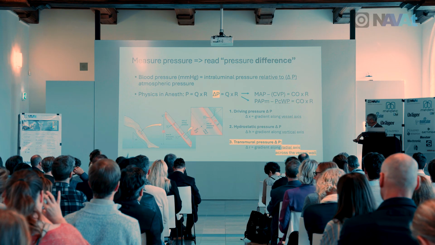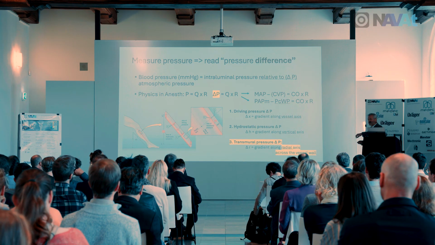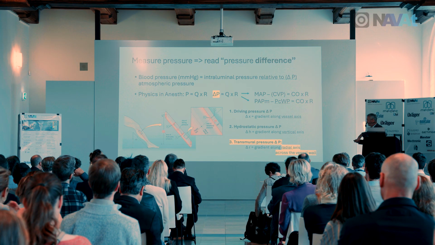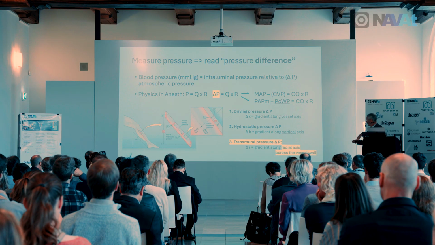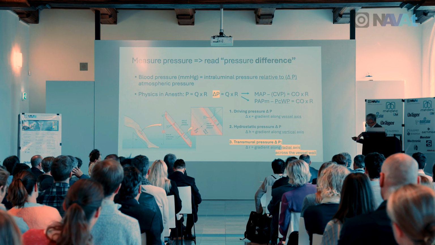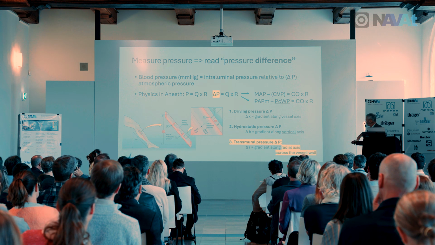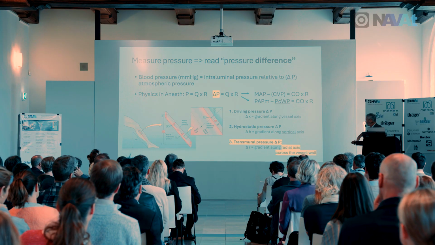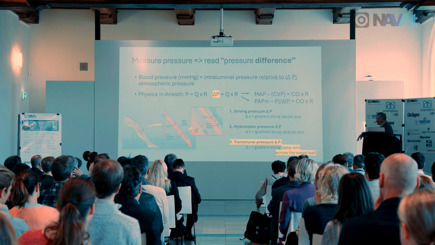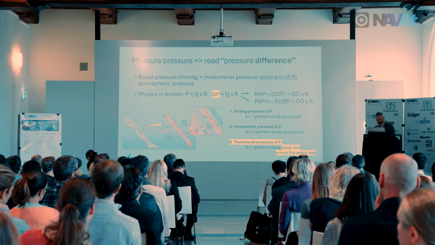That's common knowledge. The third pressure difference of relevance here is transmural pressure, and that runs perpendicular to the long axis of a vessel, and refers to a pressure gradient across the wall. So it is a pressure difference across a radial axis and across a wall.